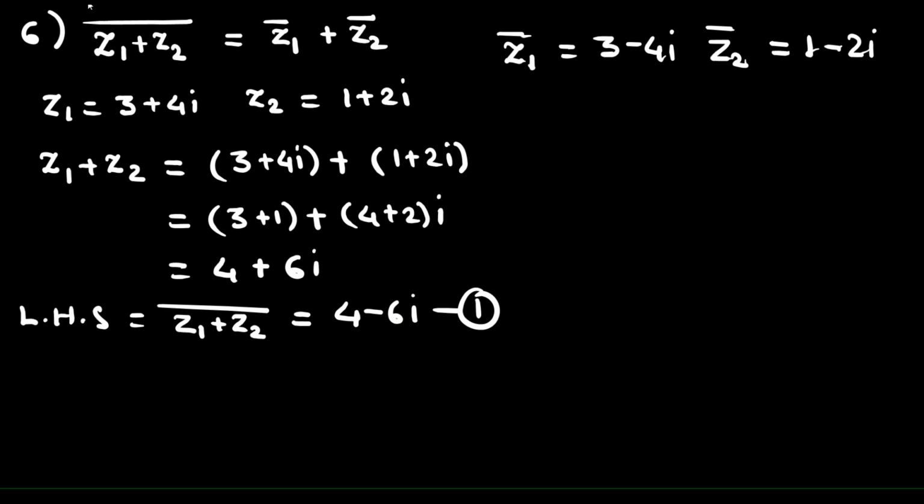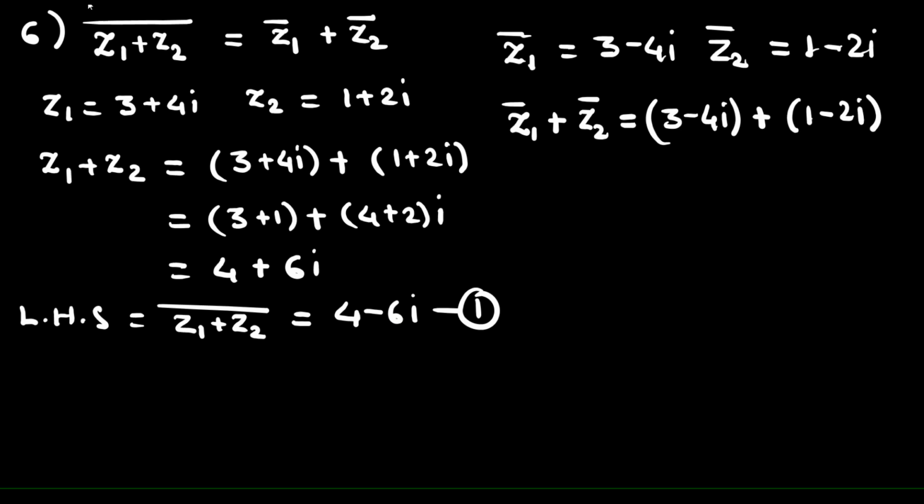Then the addition of z1 conjugate plus z2 conjugate is equal to 3 minus 4i plus 1 minus 2i. So first of all the addition of the real parts will be 3 plus 1.